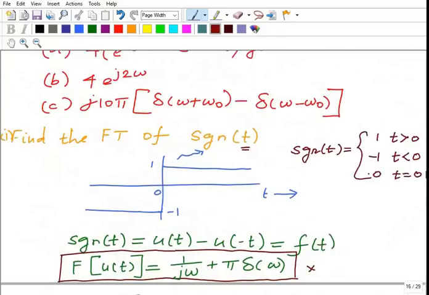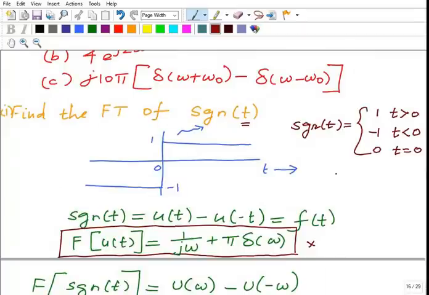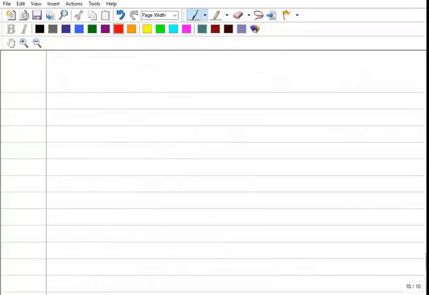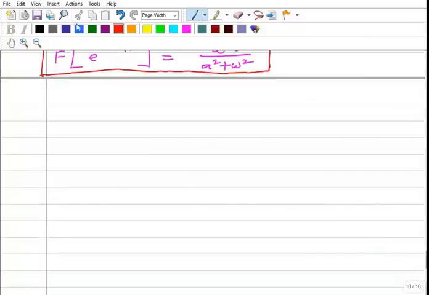See now, first step, I am writing the sine function in terms of the unit step function, something like this. Sine of t is u of t minus u of minus t. We'll verify this.